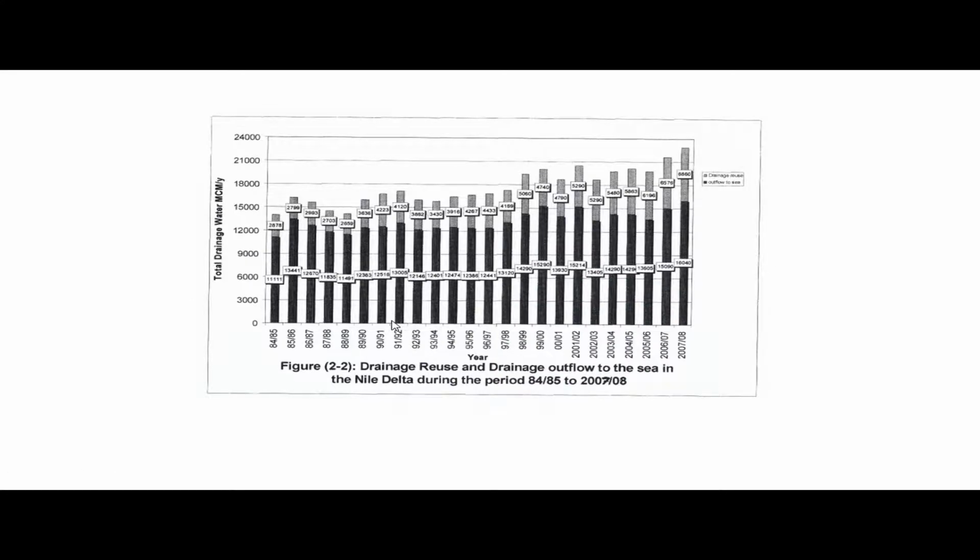He is using a clustered column. Of course, we have to remove the data labels because they are not readable, and because this is a timeline, we can use a line graph, and we cannot add these two values together because they are not addable. Why? Because one of them refers to drainage reuse and the bigger one mentions the outflow to the Mediterranean Sea.